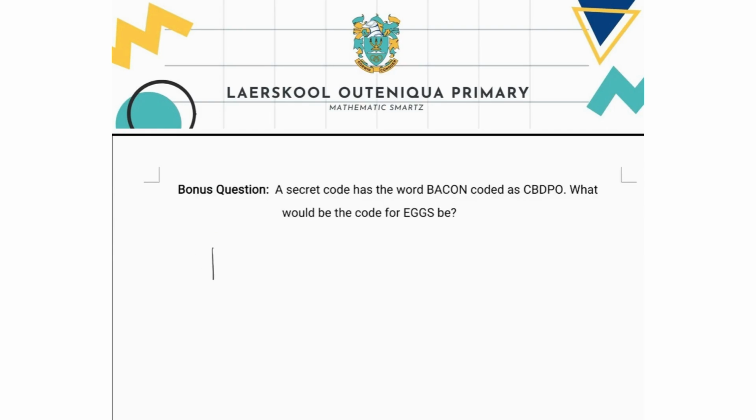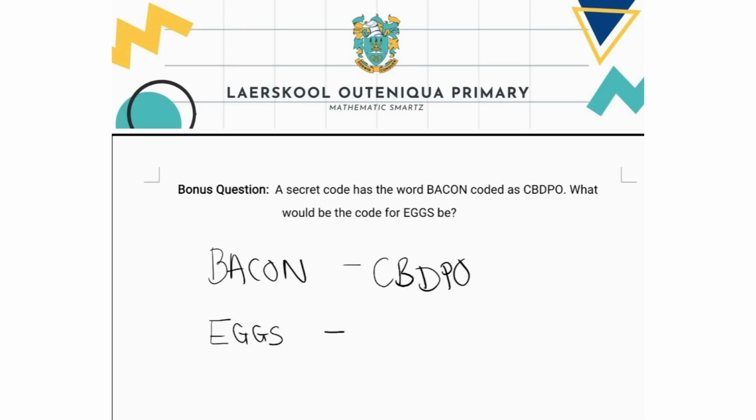A secret code has the word bacon coded as CBDPO. What would the code for eggs be? Well, sometimes the answer is right in front of our eyes.